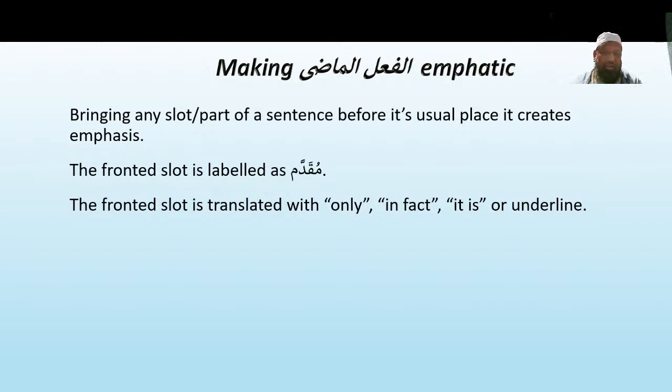So bringing any slot of a sentence before its usual place creates emphasis. The fronted slot is labeled as muqaddam, brought forward, fronted. The fronted slot is translated with only, in fact, it is, or just underline to emphasize this word.